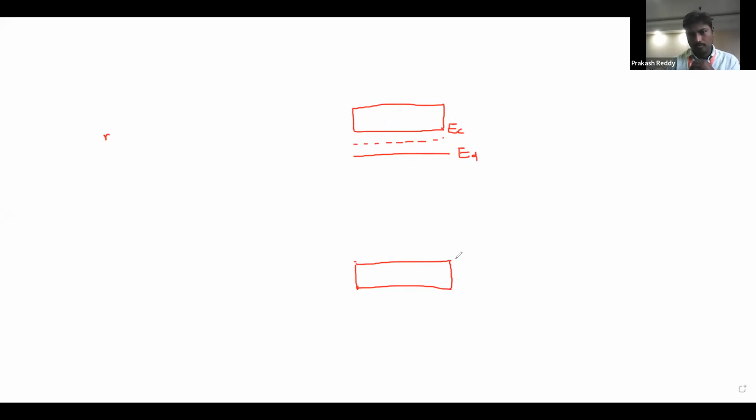Coming to the N-type and P-type semiconductors, in the P-type semiconductor the Fermi energy level is shifted near to the valency band. For N-type, the Fermi energy level is shifted near EC, and this is the donor energy level ED. This is the top of the valence band EV, and this is the acceptor energy level EA.